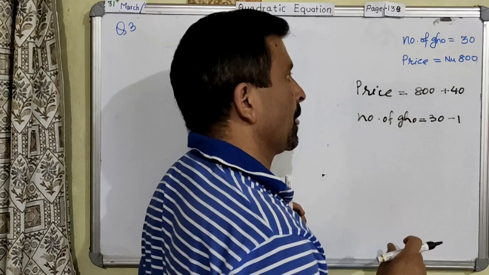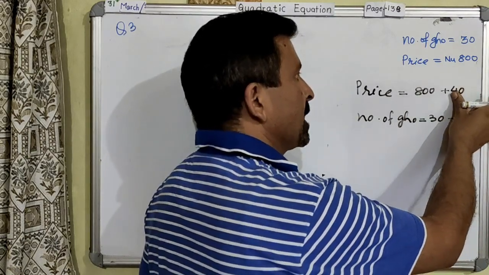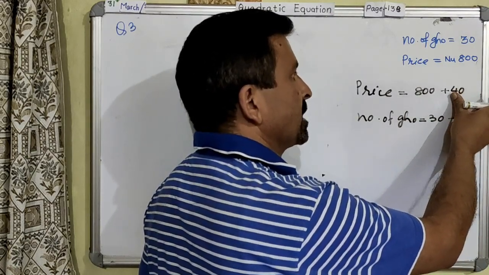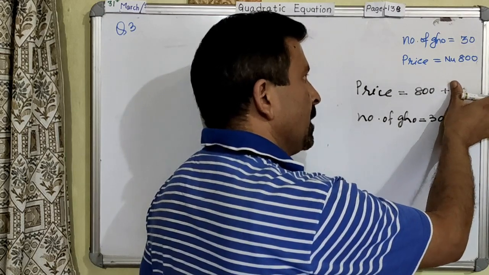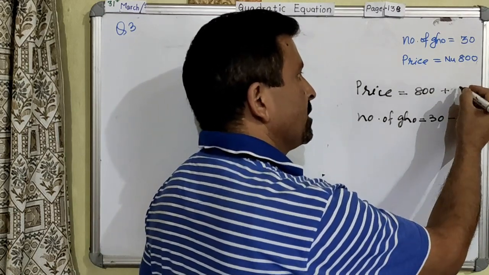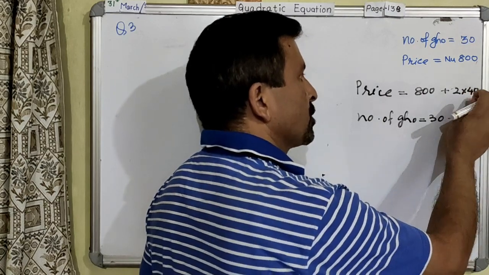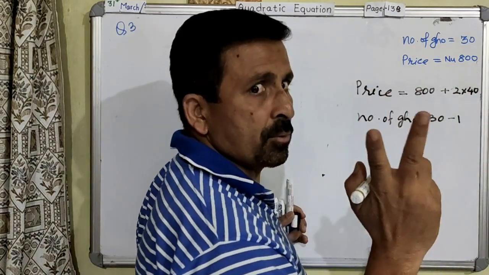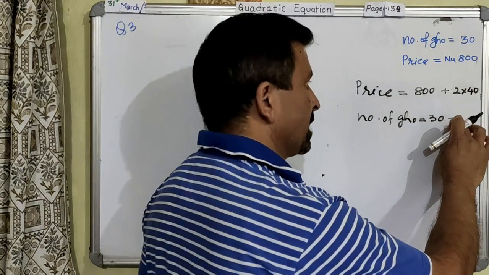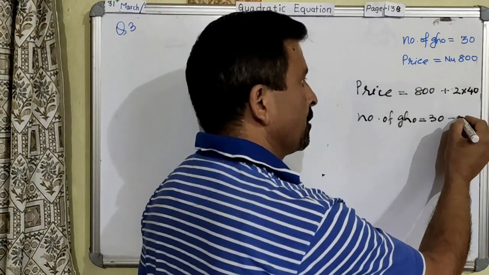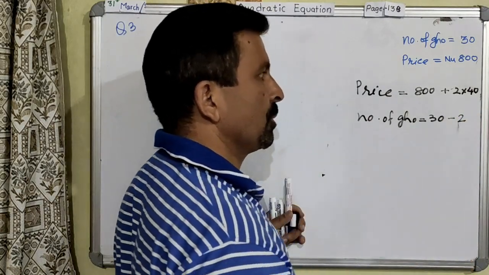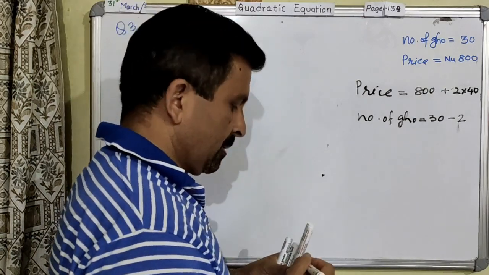Are you getting me? Now, if this price increases by 2 times the 40, how many times has 40 increased? 2 times. Therefore the sale will decrease by 2.